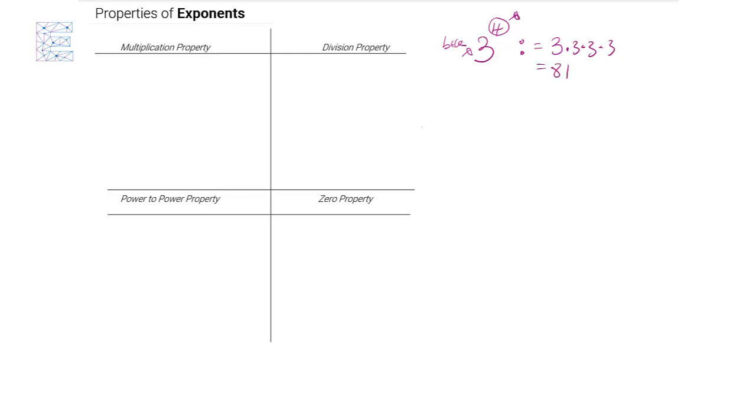Since the exponent 4 is a relatively small number, we can work these problems without an issue. But the problem arises when you have really, really big exponents. For example, 3 to the 56th times 3 to the 81st. Can you imagine writing out 56 threes and multiplying those by 81 threes?